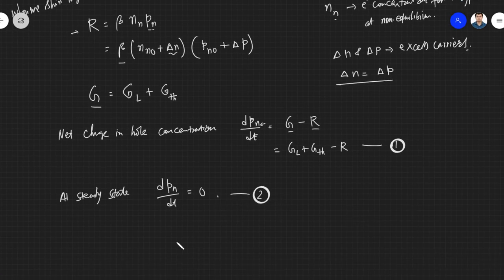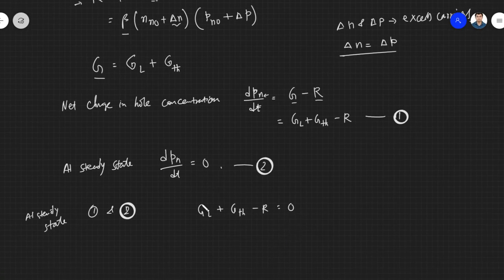Now, if you combine 1 and 2, at steady state we get GL plus GTH minus R equals 0, right? So from here, if we calculate GL, the generation rate due to light, GL will be equal to R minus GTH.